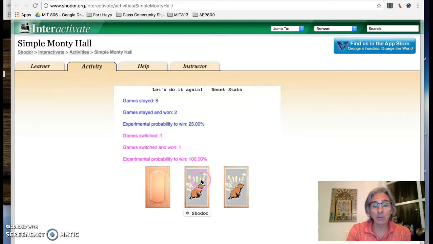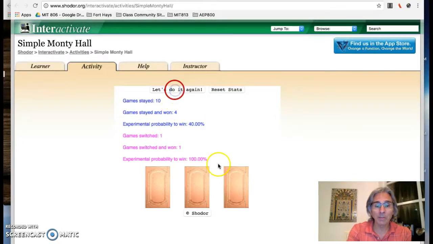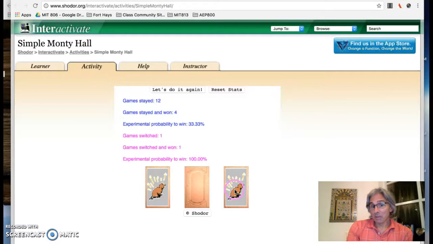And students can go through the process of seeing the result of their choice. And in the long run, the probability ends up showing them just what's the best benefit, whether they should switch when given the choice or whether they should stick.